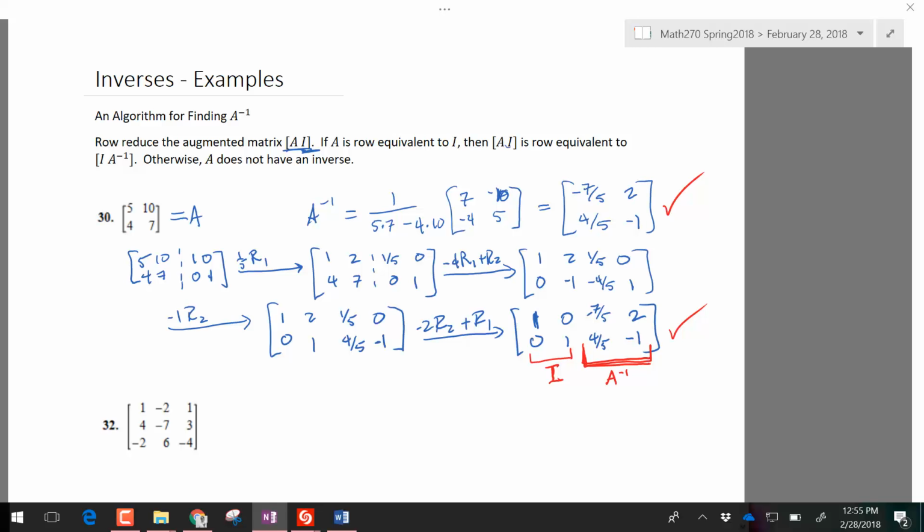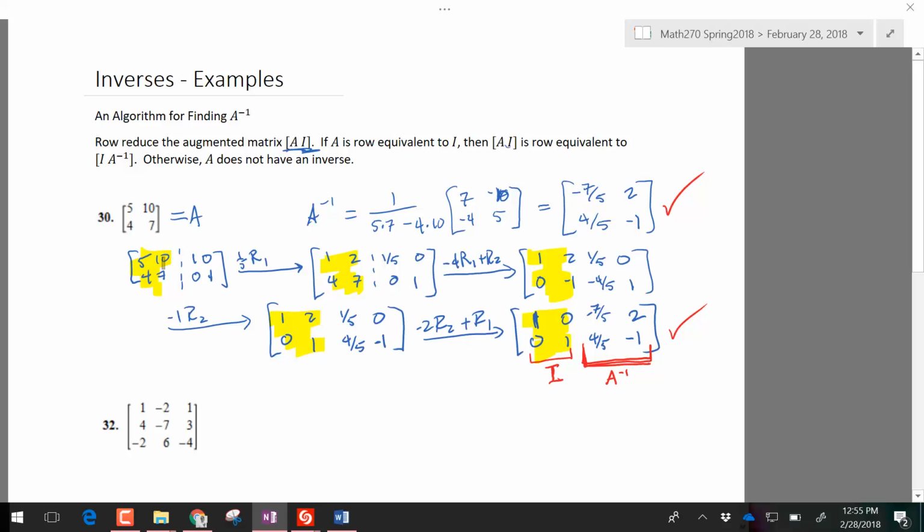You can't really test it from the beginning without actually going through the steps. If we just focus on the A matrix all the way through, all these matrices are row equivalent.